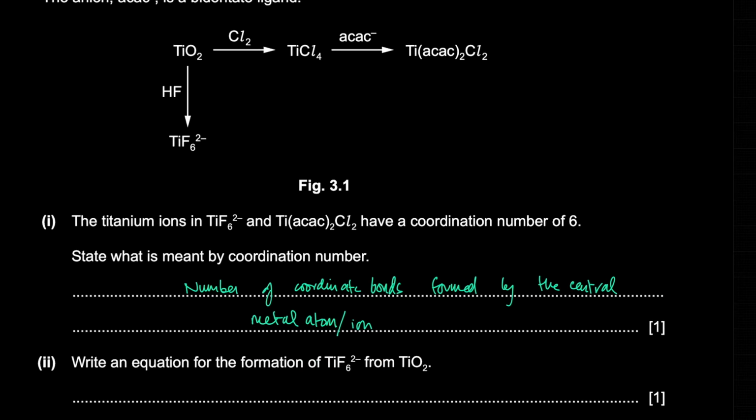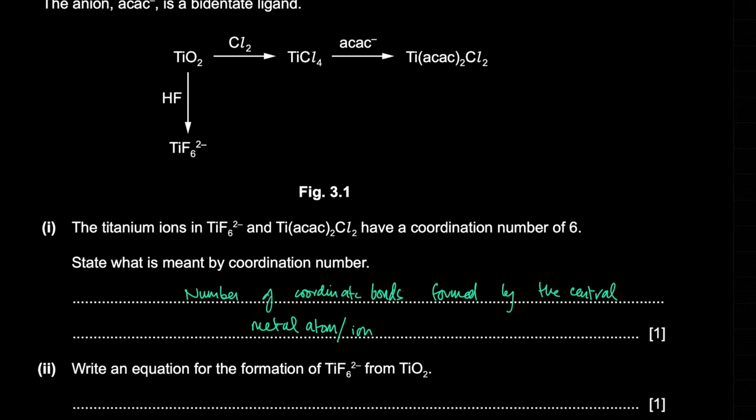Write an equation for the formation of TiF6 2- from TiO2. So what we have over here is TiO2 reacting with 6HF to form TiF6 2-, and then what are we left with? We have 6 hydrogens and 2 oxygens.